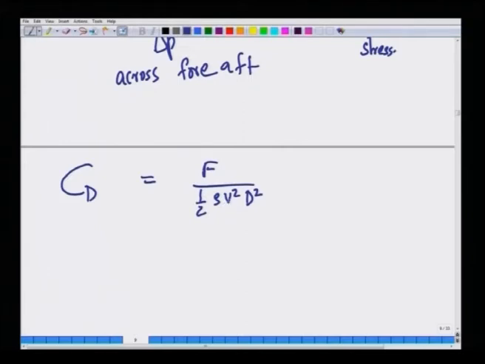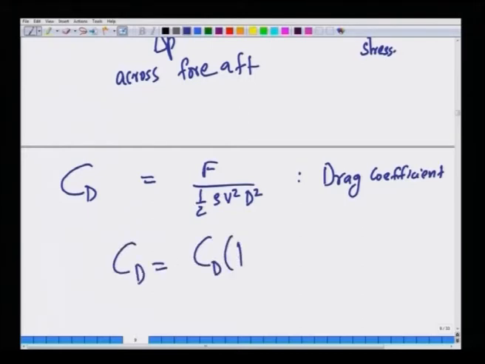That is the drag coefficient. And we found from dimensional analysis a few lectures back that CD is a function only of the Reynolds number, where Reynolds number is rho v d by mu based on the diameter of the sphere and the free stream velocity far away from the sphere.